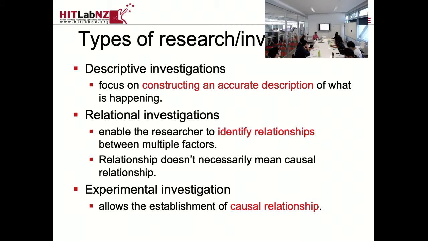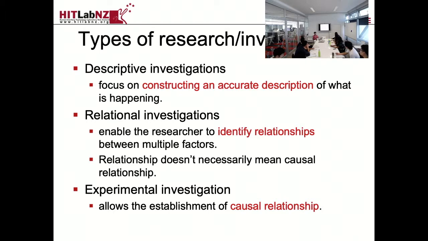There are three types of research or investigation methods. One is a descriptive investigation. The other one is a relational investigation. And the last one is the experimental investigation. Our focus is the experimental investigation.